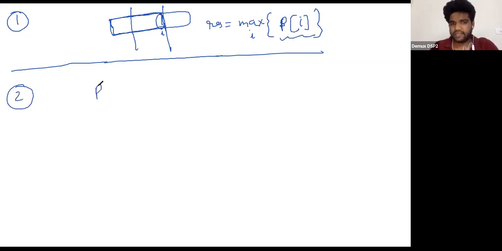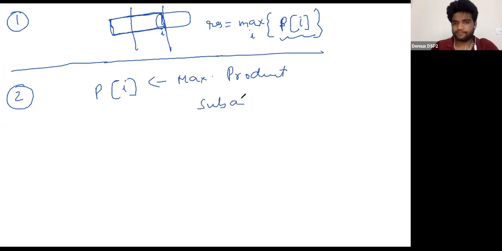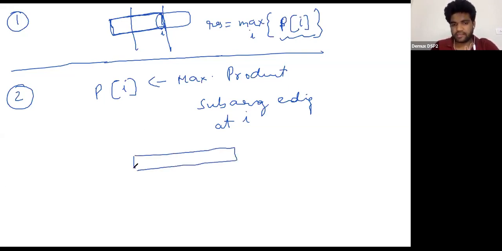So P of I is the maximum product subarray ending at I, and I want to find that. Since we have to find the maximum of something, I will try DP. And if I'm going to try DP, what is the decision that I'll be making? Again, it is similar.